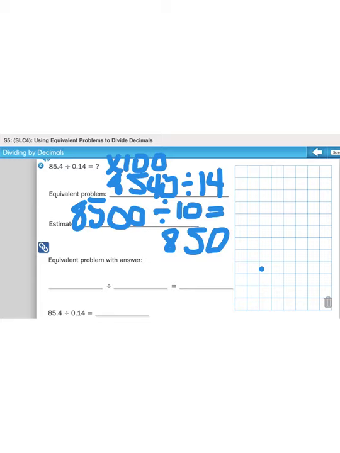Okay, so now for our equivalent problem with the answer, we had 8,540 divided by 14 equals 610. So the answer to our original problem, 85 4/10 divided by 14/100, is 610.